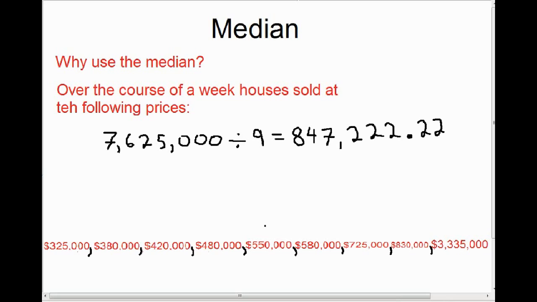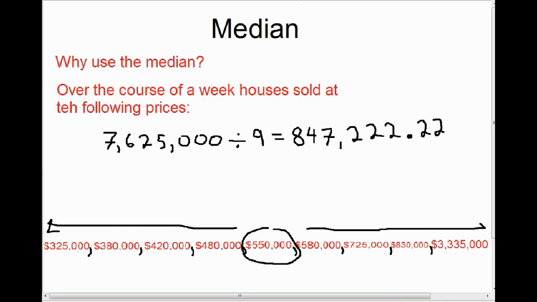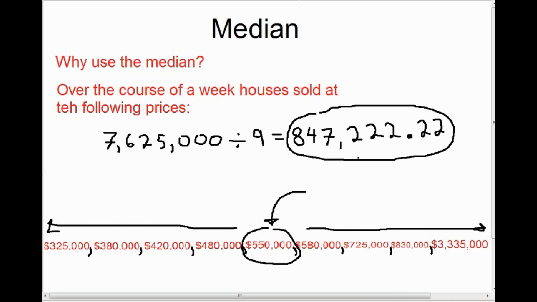So the middle value here is the 5th value, because there's 4 on this side and there's 4 on this side. So the middle value of the given set of values here is 550,000. And you can see that's quite a bit less than our mathematical middle, our average, which was about 850,000.